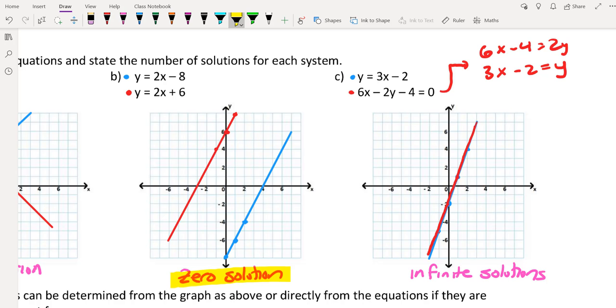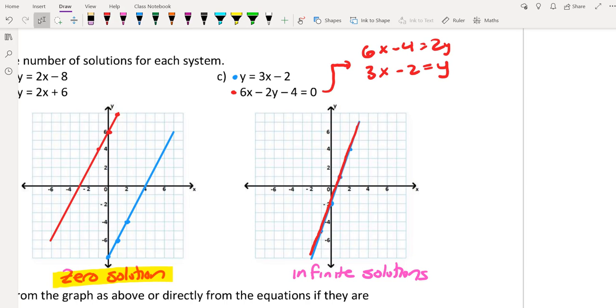The third situation here, we say there are infinite solutions. Why? Because the two lines overlap each other. So there are many spots where they share x and y values. Actually, there's an infinite number of spots where they have the same x and y values.